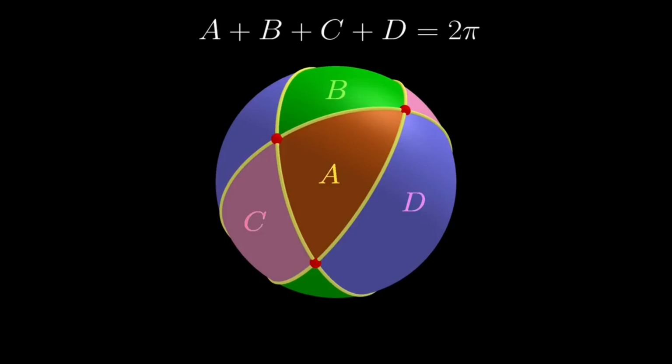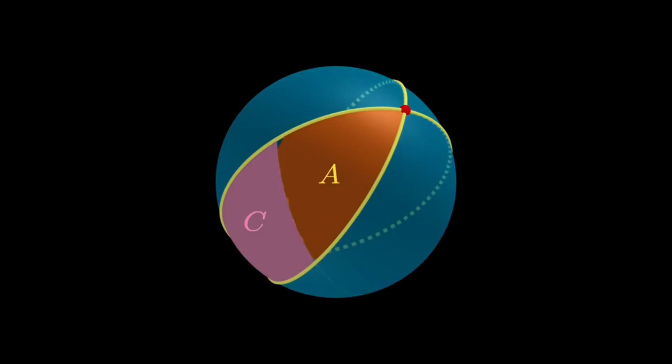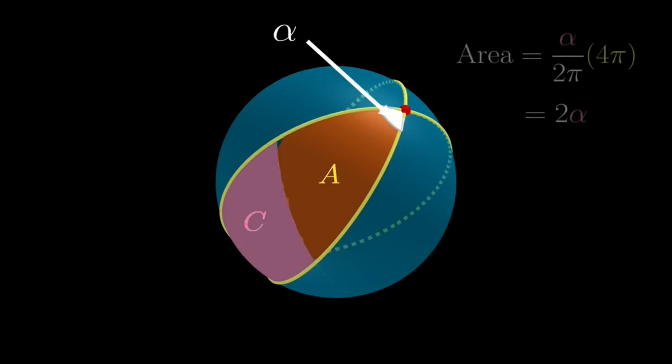On the other hand, if we now focus on only two regions, A and C, they form an area enclosed by just two great circles. This is exactly the situation we dealt with a minute ago. If the angle between these great circles is alpha, then the area enclosed is 2 alpha.